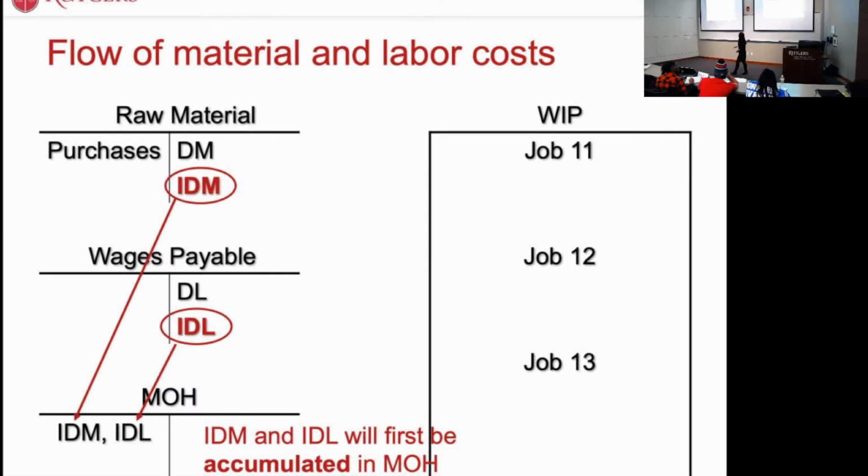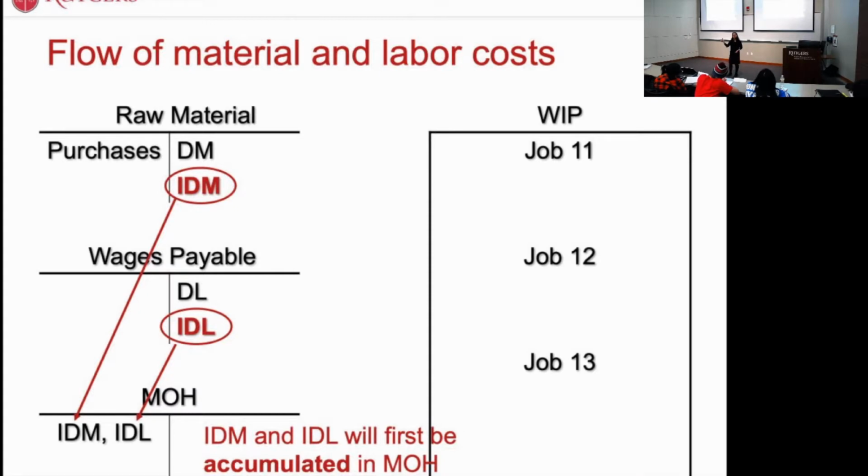And the tricky part here is that once we have indirect material or indirect labor cost incurred, they will first be accumulated in the manufacturing overhead account, because the indirect labor and indirect materials are considered as overhead cost, right? So instead of going to the working process directly, they need to first reside in this overhead account. Do you understand what I said just now?